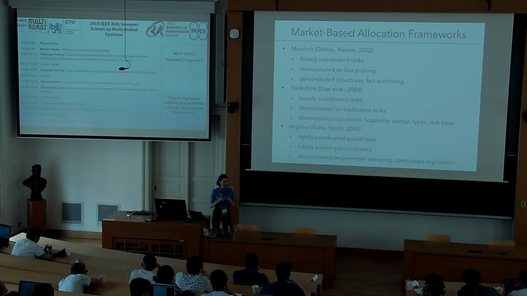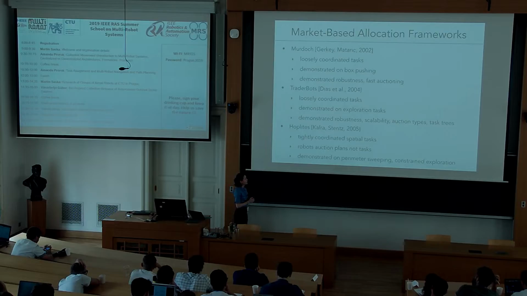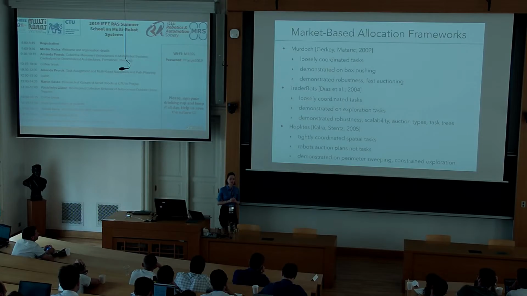And because of this flexibility, lots of different market-based mechanisms were proposed in the literature, especially in the early 2000s. And these are just a couple of references for you in case you're interested in having a look to see what different auction mechanisms were proposed.